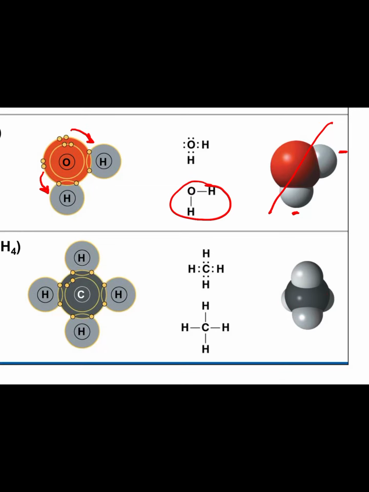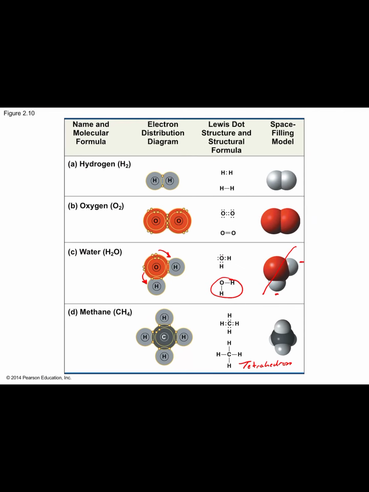So that carbon then has that 3-dimensional shape. That shape that you see there is called a tetrahedron. It's a very common shape in organic chemistry and biochemistry when you have carbon involved, and you're going to see that quite a lot this semester.